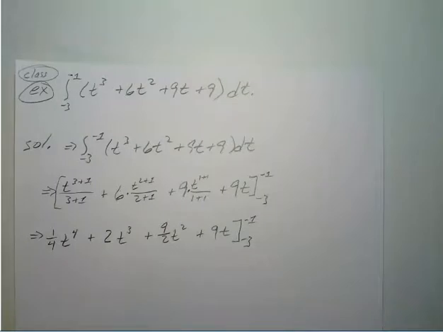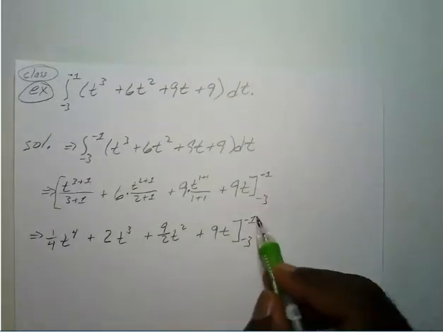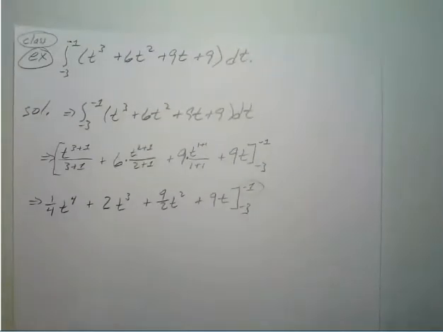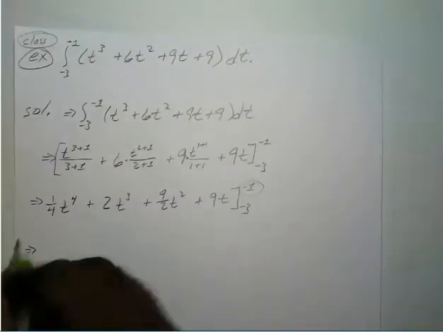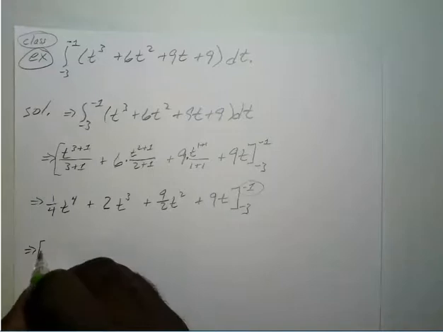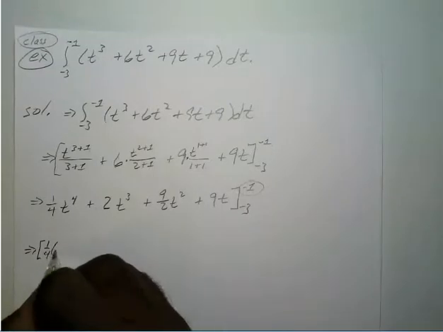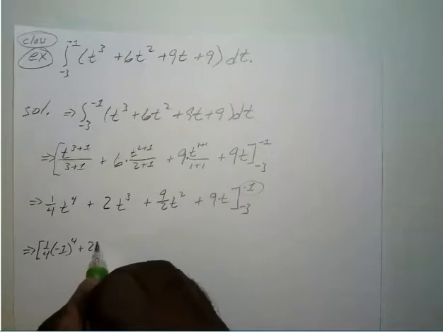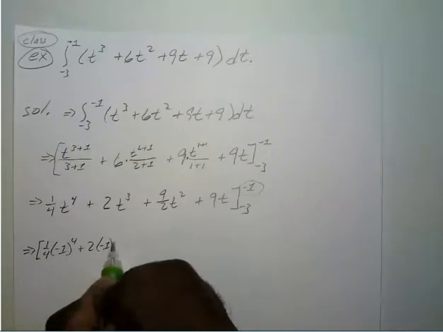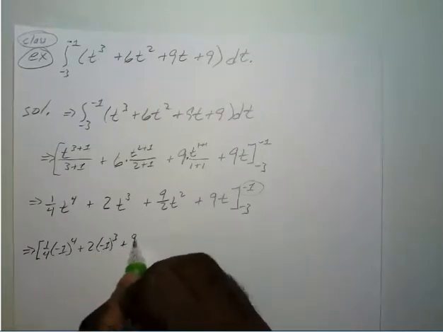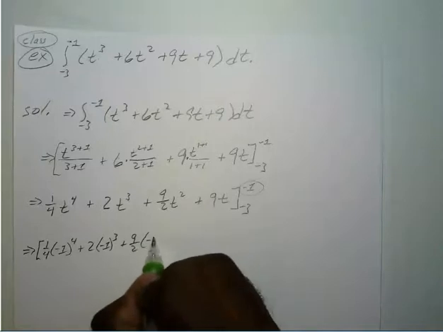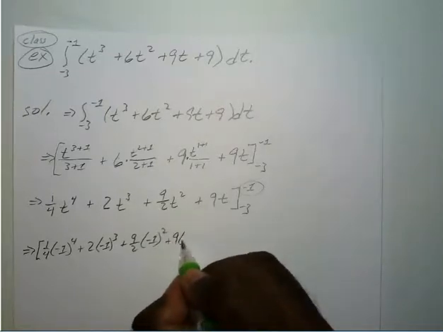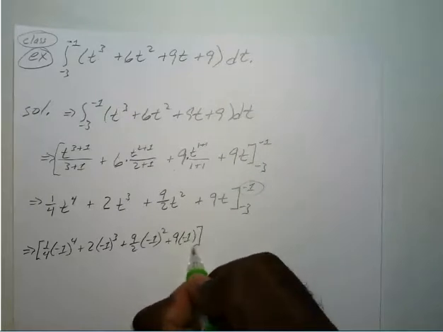All right. So now, we're going to plug in our b value first. We have 1 over 4 times -1 to the fourth plus 2 times -1 to the third plus 9 over 2 times -1 squared plus 9 times -1.